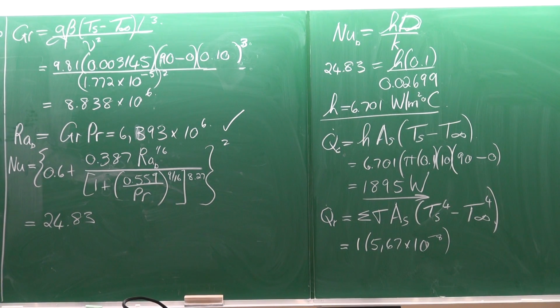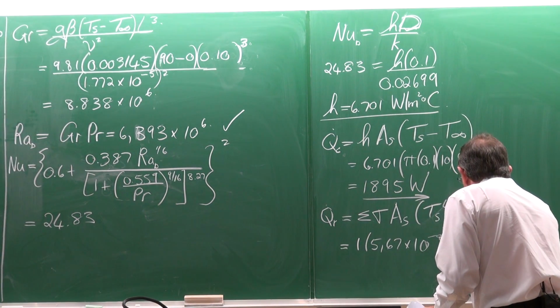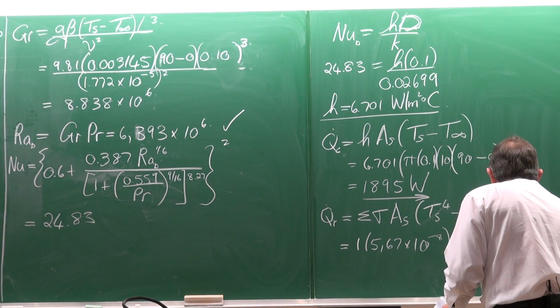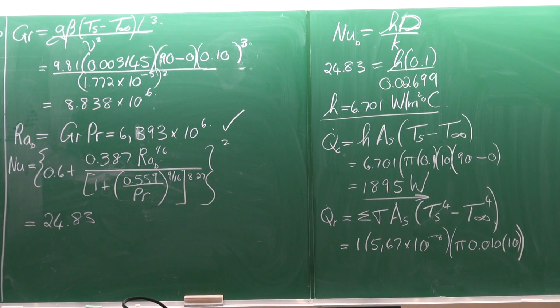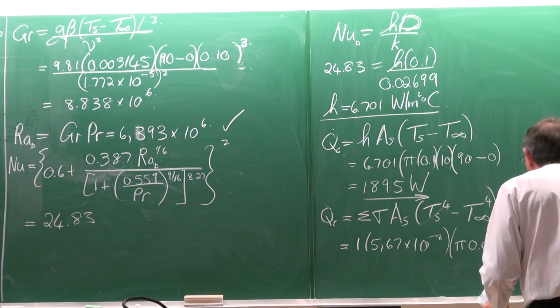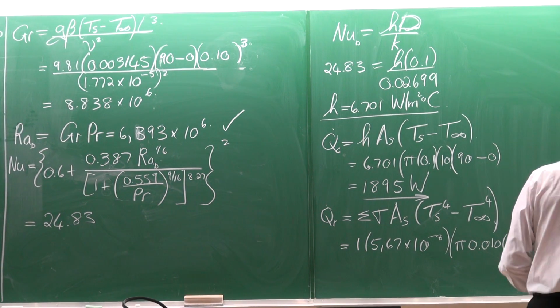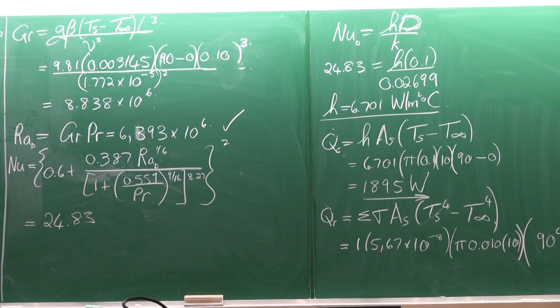Right. The surface area is the same as previously. It is equal to pi multiplied by the diameter multiplied by the length, which is 10. So pi multiplied by the diameter is the perimeter. The perimeter multiplied by the length gives us the surface area. Multiplied by 90 to the fourth minus 0 to the fourth. Good. Why not?